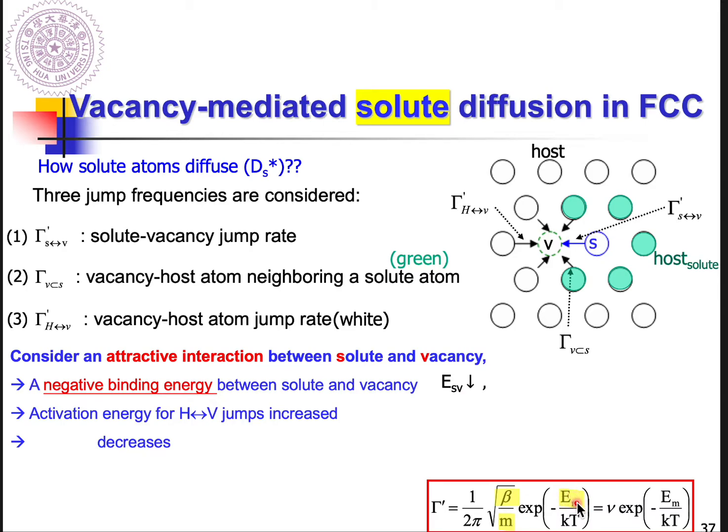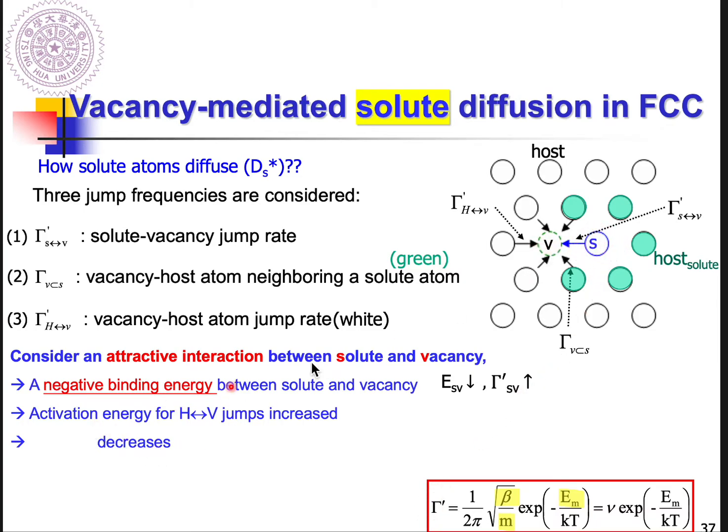And as long as this is lower, then you can expect the atomic jump rate, gamma SV, the solute-vacancy jump rate, will be faster or higher. So compared with this one, the jump rate is higher.